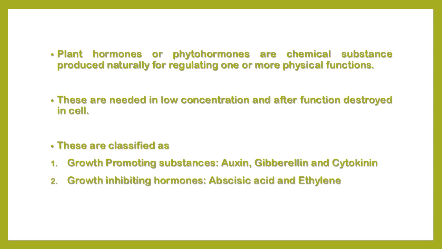Cytokinin, for the cell division. Growth inhibiting: abscisic acid, for seed dormancy. Ethylene, particularly we know that for ripening purpose, it is also needed. This ethylene hormone is also for aging.